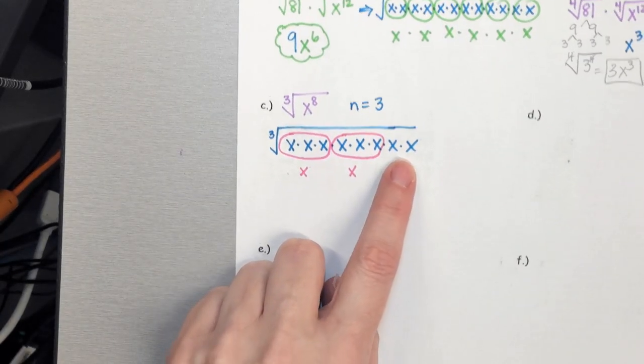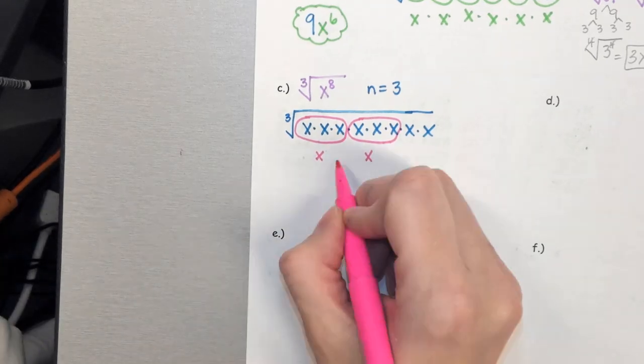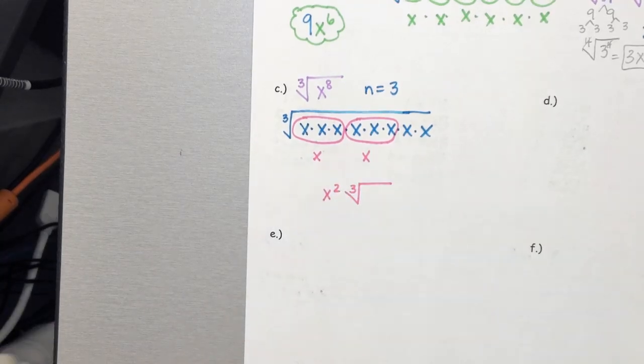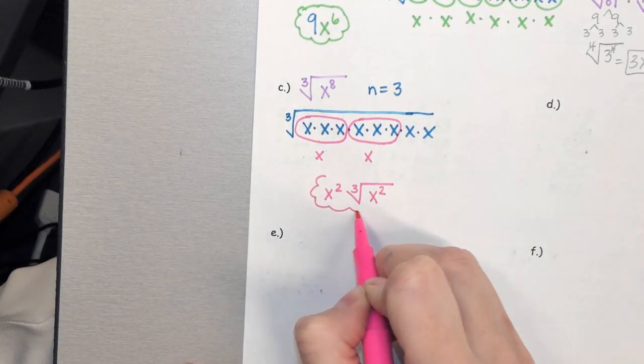But I can't take that out, right? Okay, so the x squared goes on the outside, but then what is left inside of the cube root? X squared. Okay, so an x squared comes out and an x squared stays in, and this is your final answer.